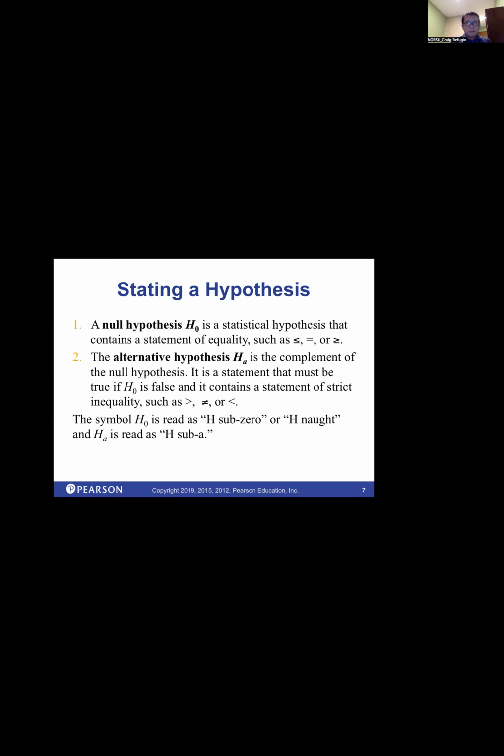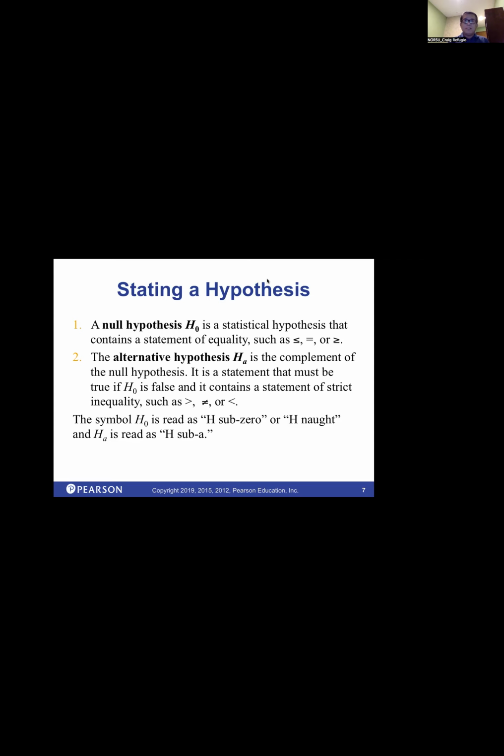One book to another would have different symbols. In this slide, we're using H0 as null and HA as alternative. In some books, null is still H0, but the alternative is H sub 1, or H1.